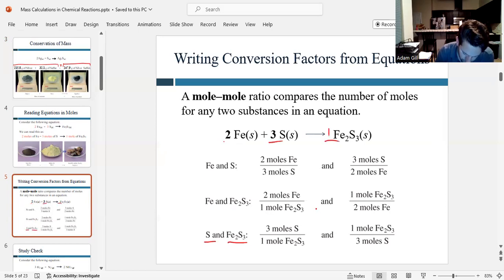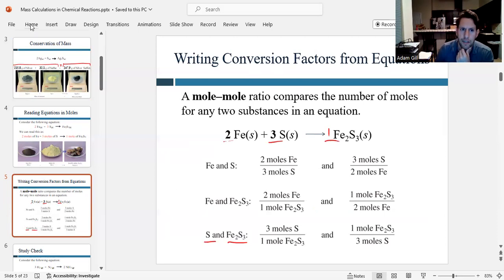Well, that's a 3-to-1 ratio. There's 3 moles of sulfur for every 1 mole of iron sulfide, or 1 mole of iron sulfide for every 3 moles of sulfur. So you can create conversion factors from the coefficients in your balanced chemical equation.